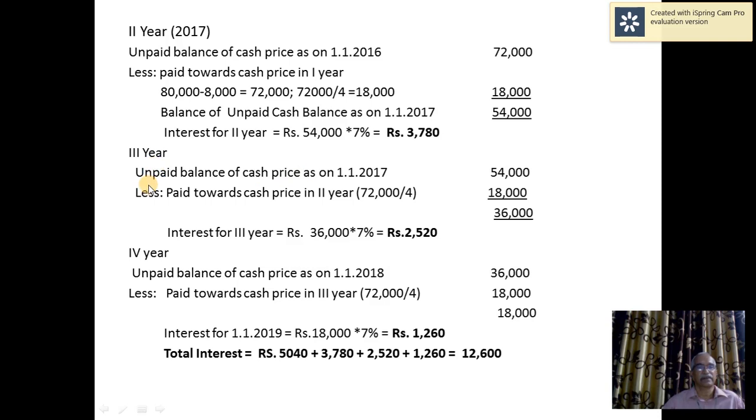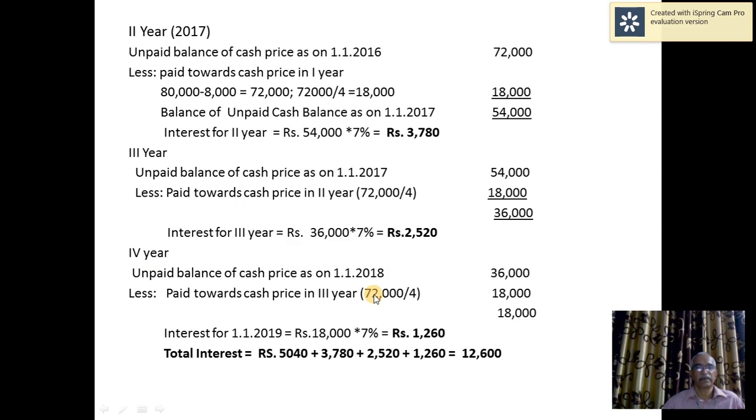For the third year, unpaid balance of cash price as on 1/1/2017, that is second year, is 54,000. Then cash price paid in second installment 18,000 is reduced. So 36,000. On that you are calculating the interest for third year.